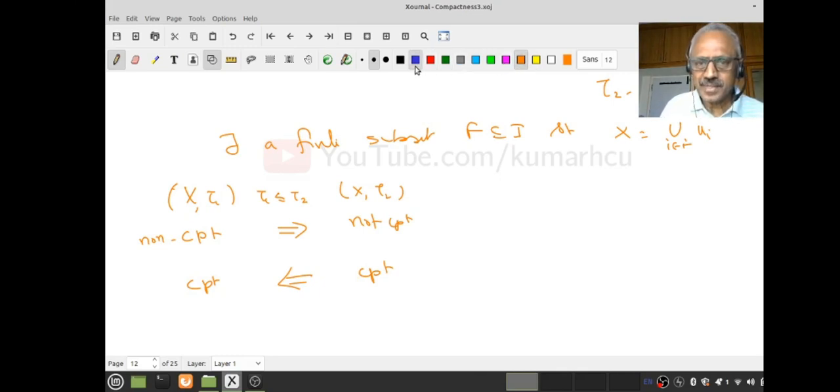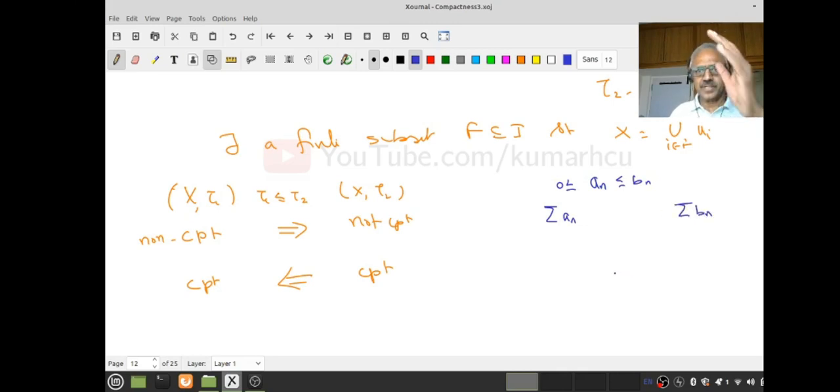Okay. My next question: have you seen an analogy in this case with infinite series? Remember, if a_n is less than or equal to b_n, these are non-negative, and let's look at the infinite series of a_n and the infinite series of b_n. This is a series of non-negative terms. The comparison test, what does it say?